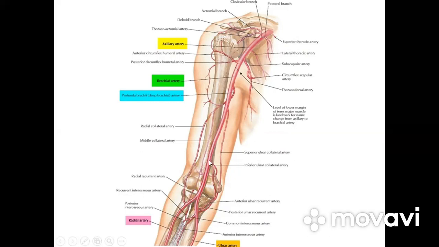The last branch, the inferior ulnar collateral artery, begins in the distal one third of the arm and continues downward, lying in the anterior medial ulnar groove. The brachial artery will supply all structures at the level of the arm: shoulder joints, humerus bone, anterior and posterior groups of muscles of the arm, skin of the arm, and ulnar joints.